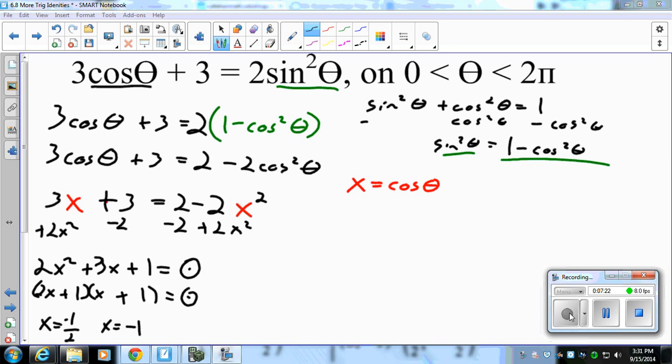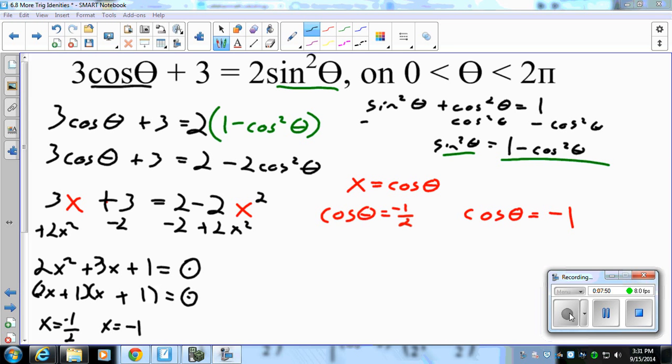Then from there, I am going to do my x substitution, and I can say that the cosine of theta is equal to negative 1/2, and that the cosine of theta is equal to negative 1. So now I solve these problems.